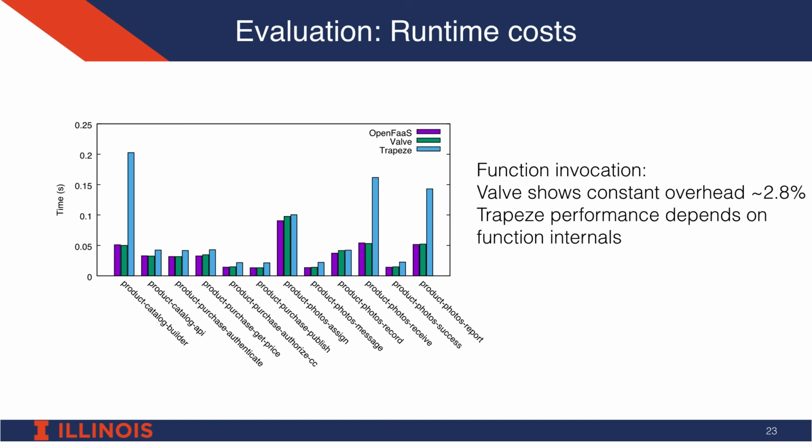Valve exhibits fairly constant runtime overhead compared to Trapeze, where overhead varies depending on the function internals as shown in the figure. This is because to achieve transparency, Valve's flow control model is intentionally coarse-grained and lightweight, and Trapeze, which is more heavyweight, offers flow control at the memory level while being more intrusive and expensive.